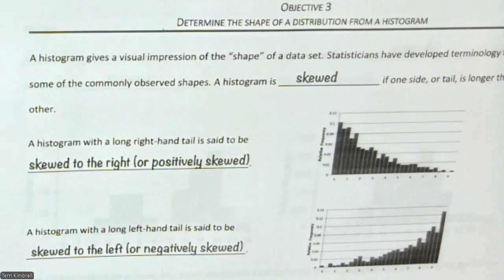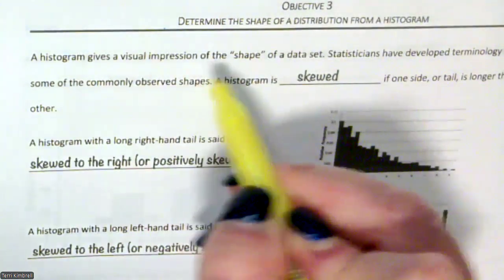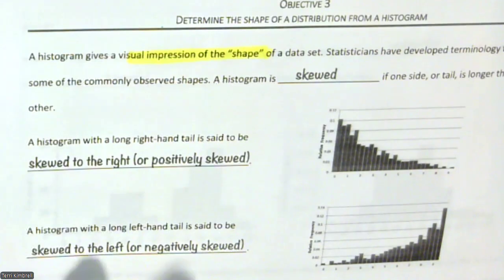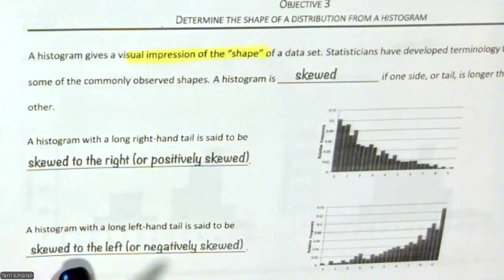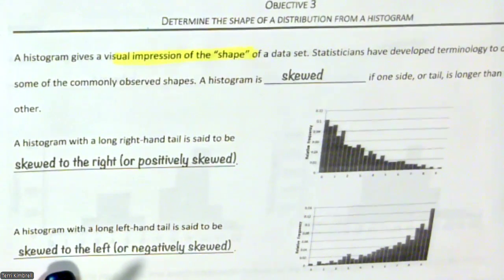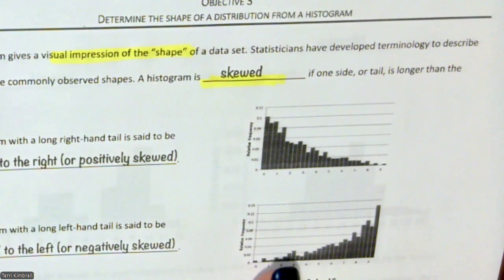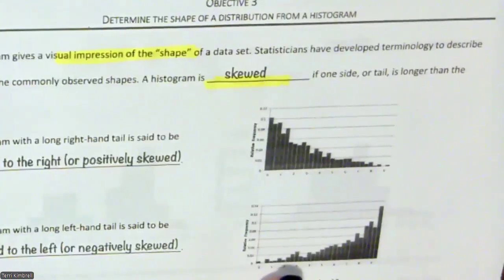Okay, now we're going to look at the visual representation. When you think about the visual representation of a graph, you're looking at the shape. So what impression are you getting when you're looking at that graph? Sometimes you're going to see graphs that are skewed. Now, if it is skewed, one side or tail is longer than the other.